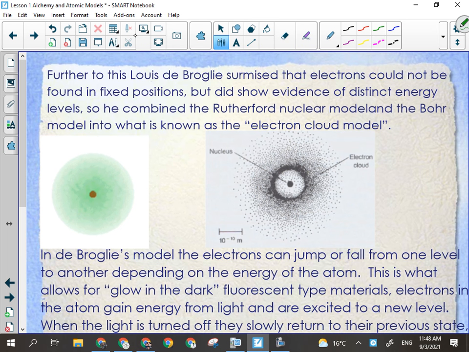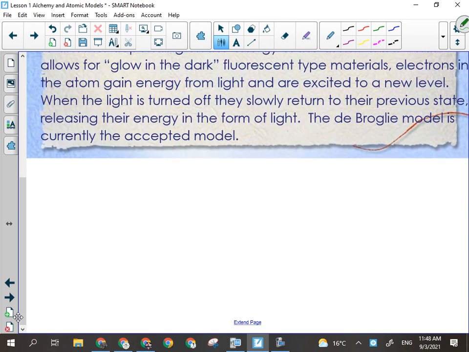So let's say I want to draw an atom of beryllium. That's a nice simple one. How do I know how many protons to draw?